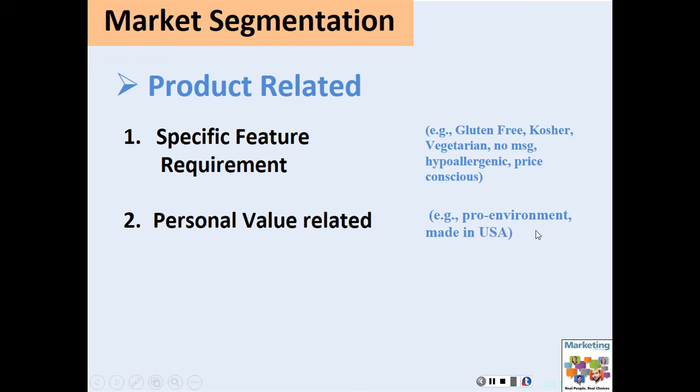And environment could be one. You might be pro-environmental, or you might feel that you need to buy only made in USA because that's your personal value. And then we come to product benefits, which are somewhat related to the product features. We'll talk about product benefits again in a few minutes.